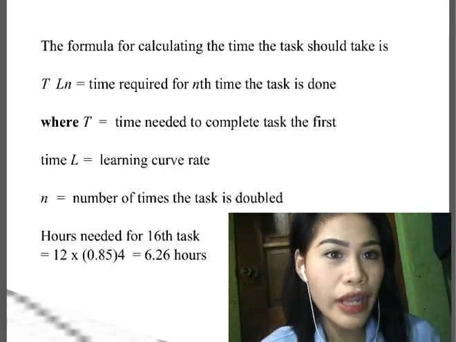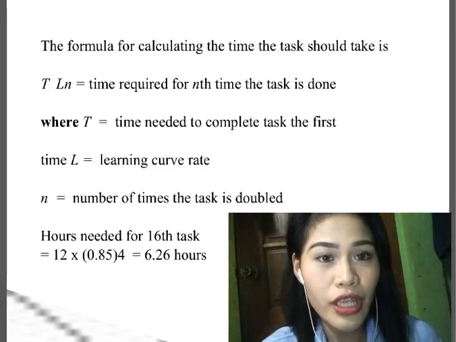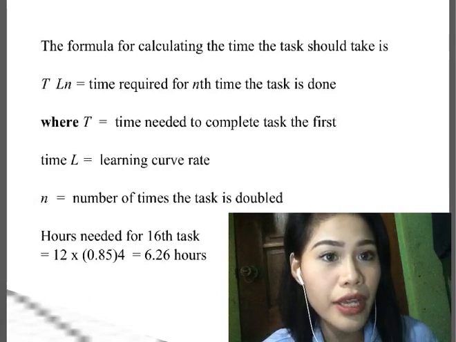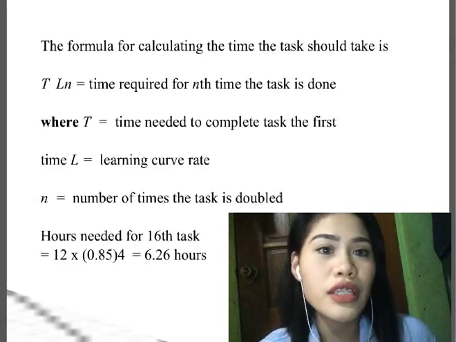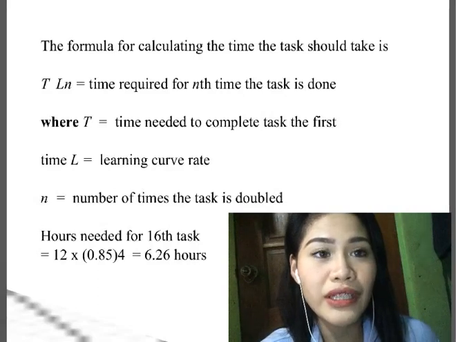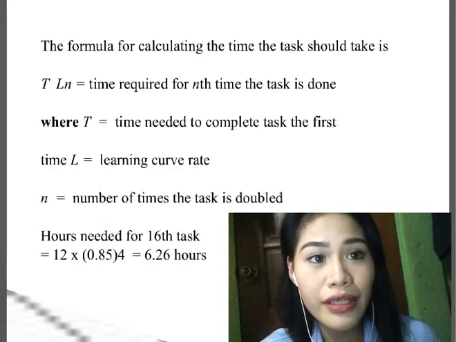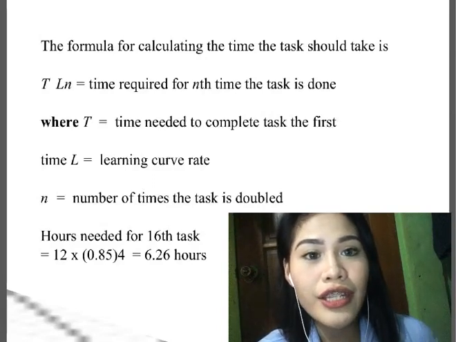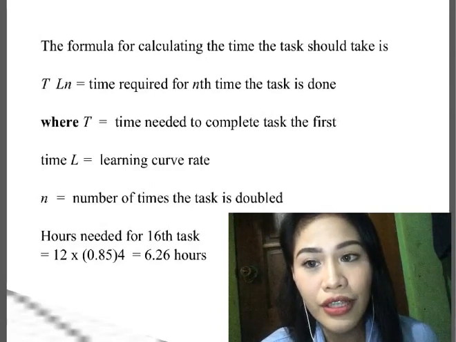The formula for calculating the time the task should take is T_L^N equals T times L^N, where T is the time needed to complete the task the first time, L is the learning curve rate, and N is the number of times the task is doubled.